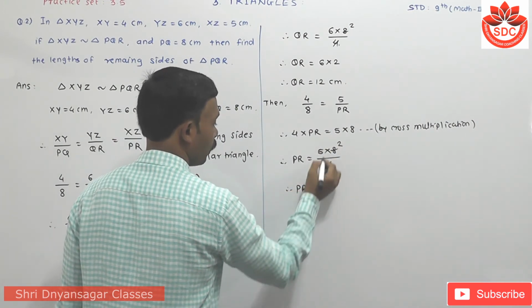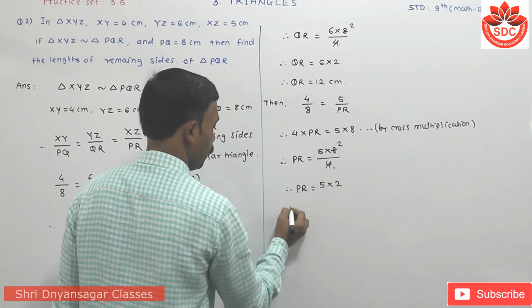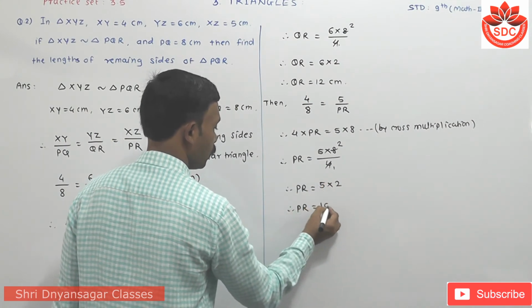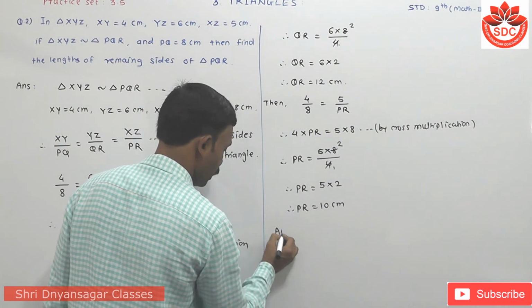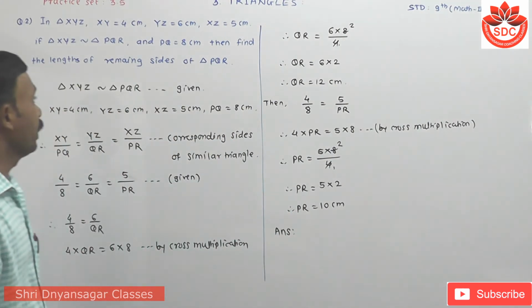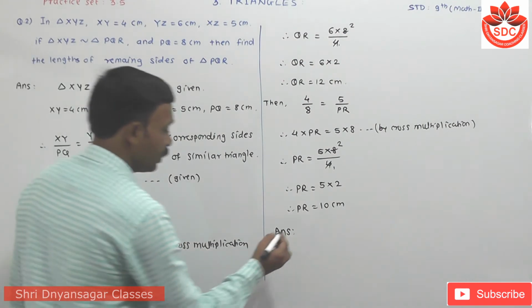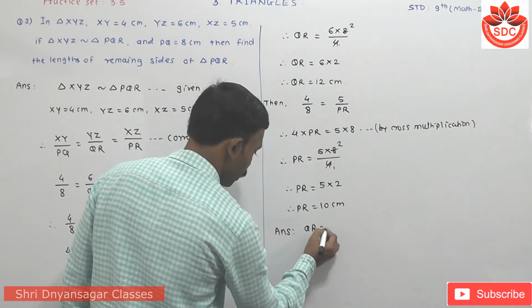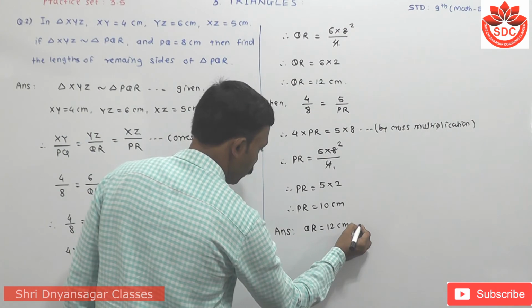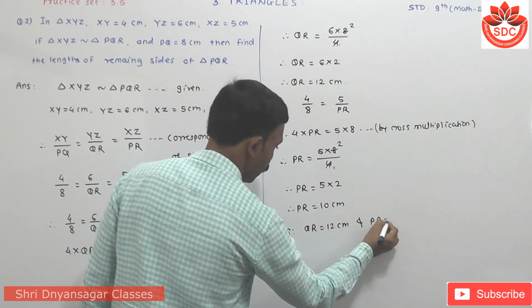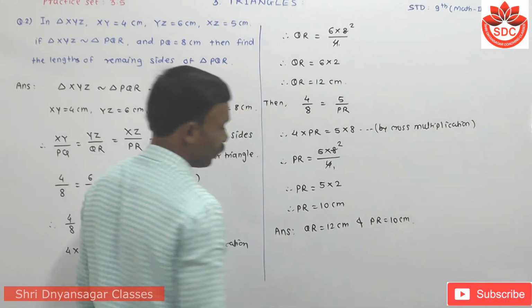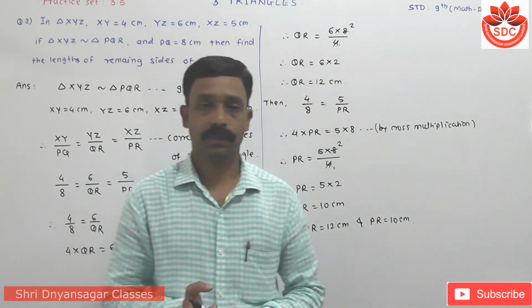Therefore PR equals 5 into 2, meaning PR equals 10 centimeter. Therefore, the answer in a full sentence: the remaining sides of triangle PQR are QR is 12 centimeter and PR is 10 centimeter. Okay, we take the next question.